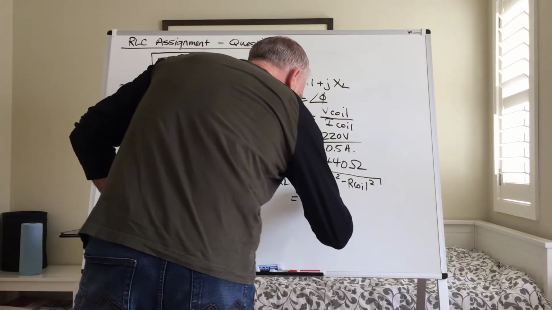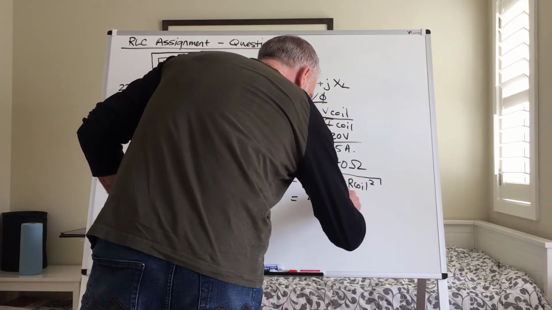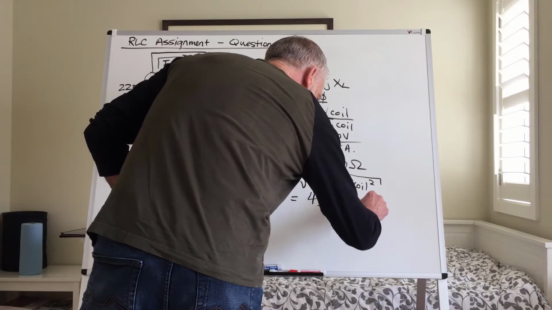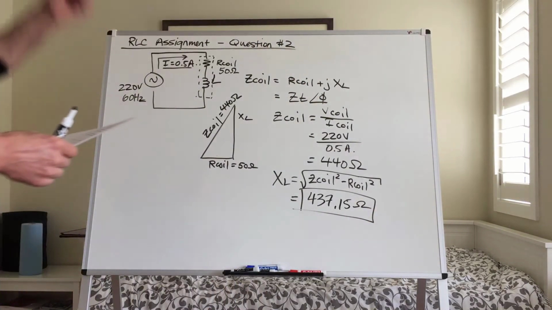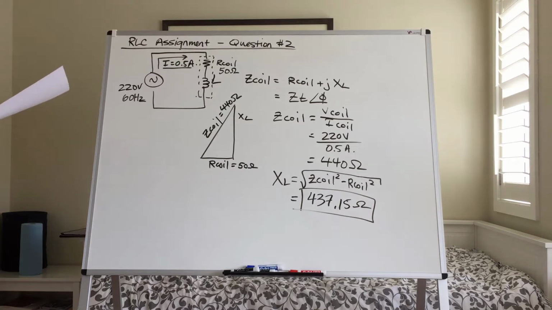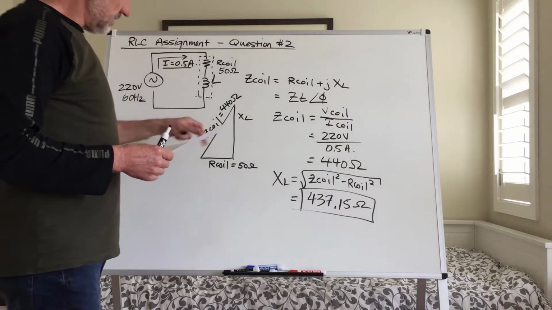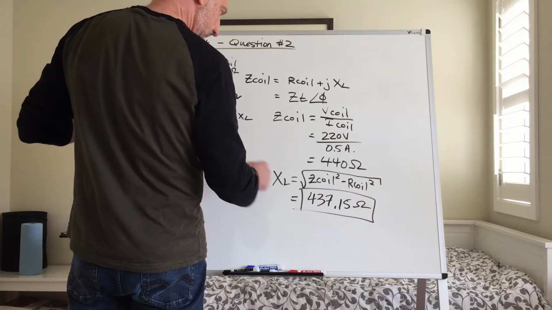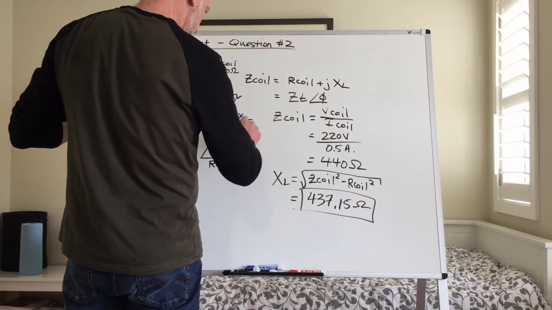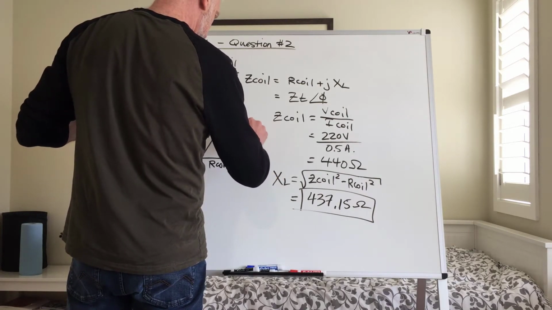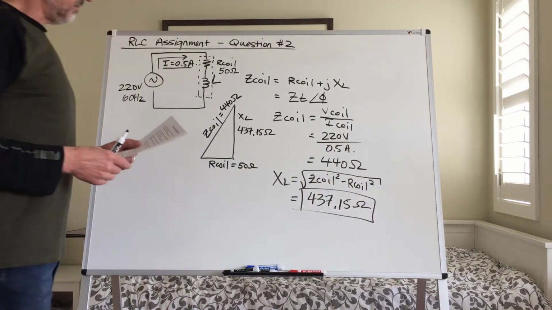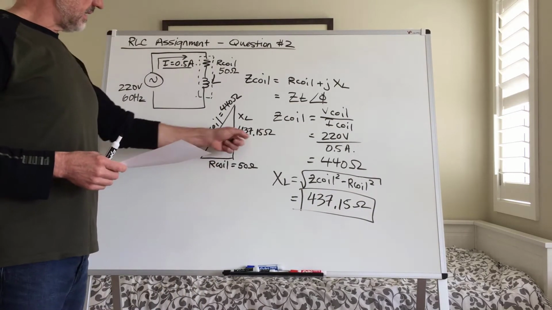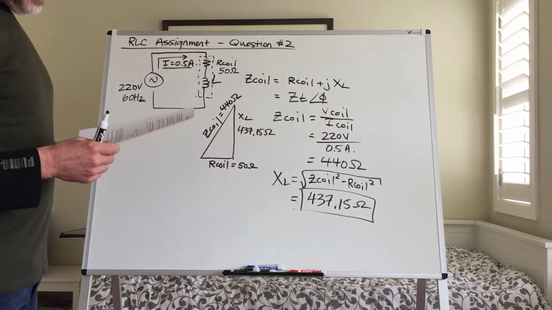So XL is equal to 437.15 ohms. So we drew an impedance triangle, and now we're going to put XL in here, 437.15 ohms. So now we have a complete impedance triangle indicating R, XL, and total Z.